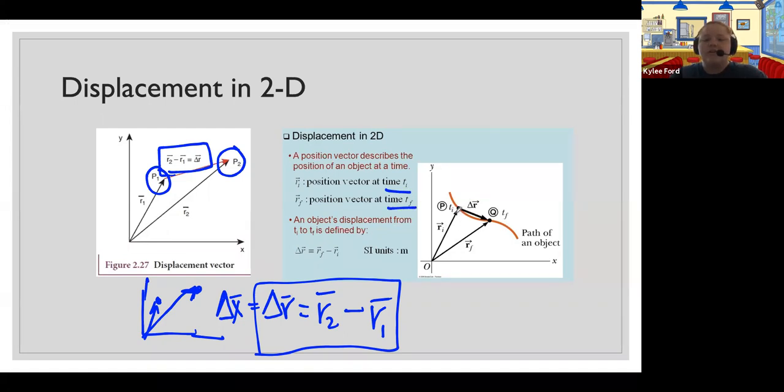We would create little vectors and then find our displacement, again that delta R. And again, our displacement is still in the SI units of meters. I just wanted to get you familiar with this displacement concept in 2D. It's very similar.